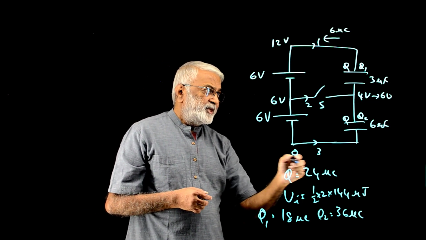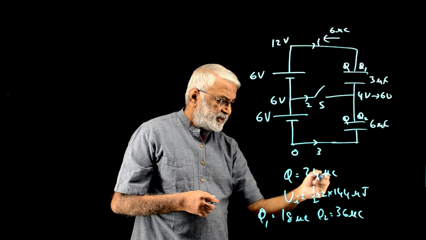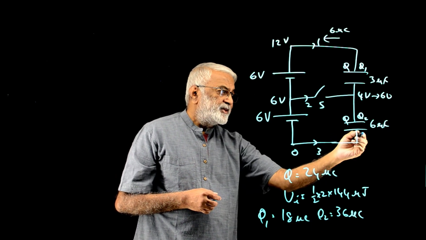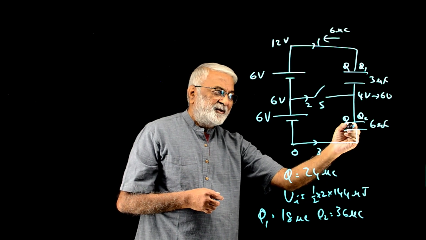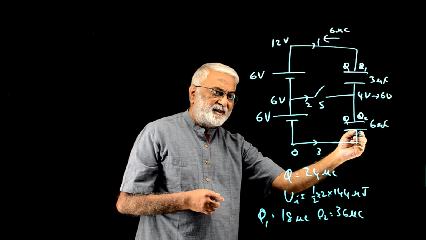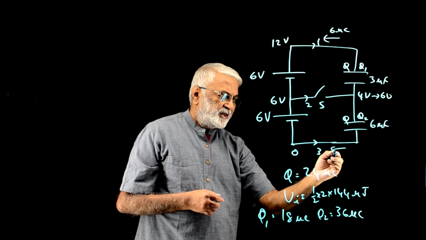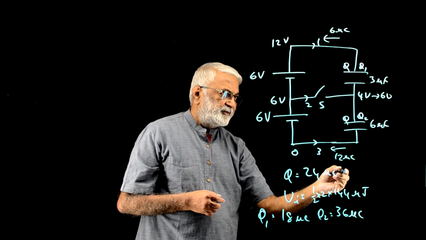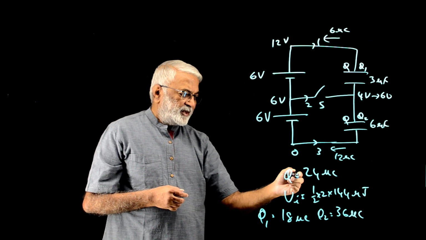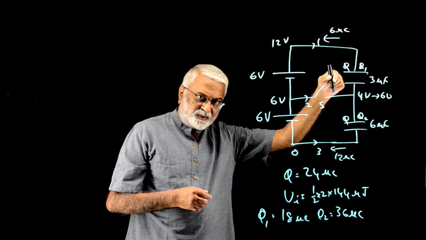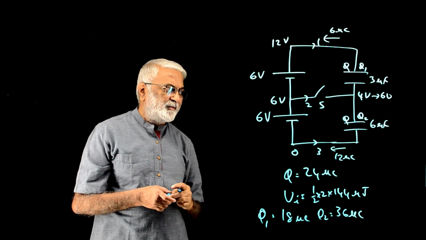And how about 3? This was earlier minus 24 microcoulomb, now it has become minus 36 microcoulomb. Right, minus 24 to minus 36. So 12 microcoulombs have flown this way, right? So the charge that is left is 12 microcoulomb.